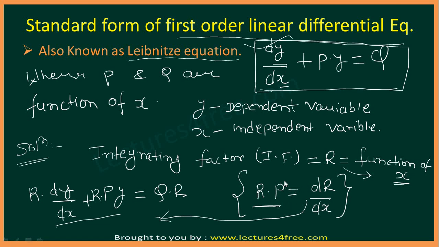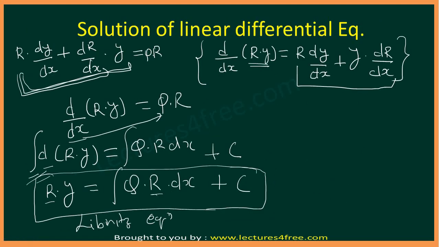Let's find the value of r from this assumption. r·p is equal to dr/dx. Simplifying it again, you will get p dx is equal to dr/r.